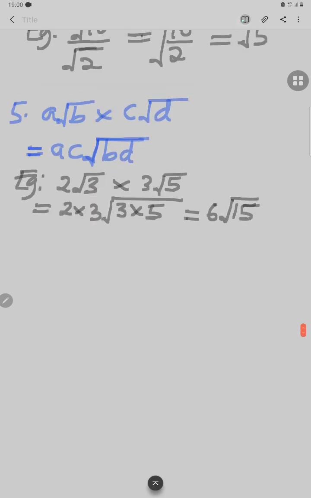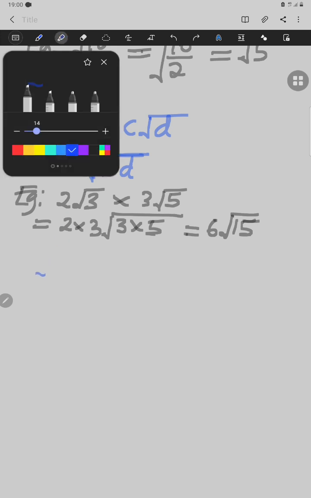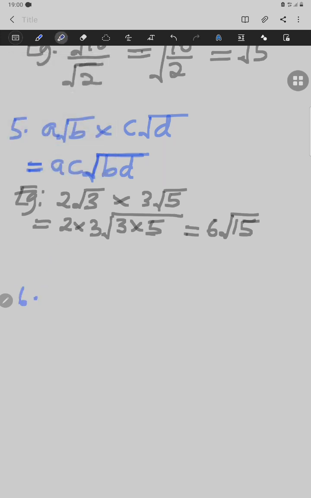The next property. Let's say we have a times root b. Then what is this going to give me? It's going to be a root b. Right?